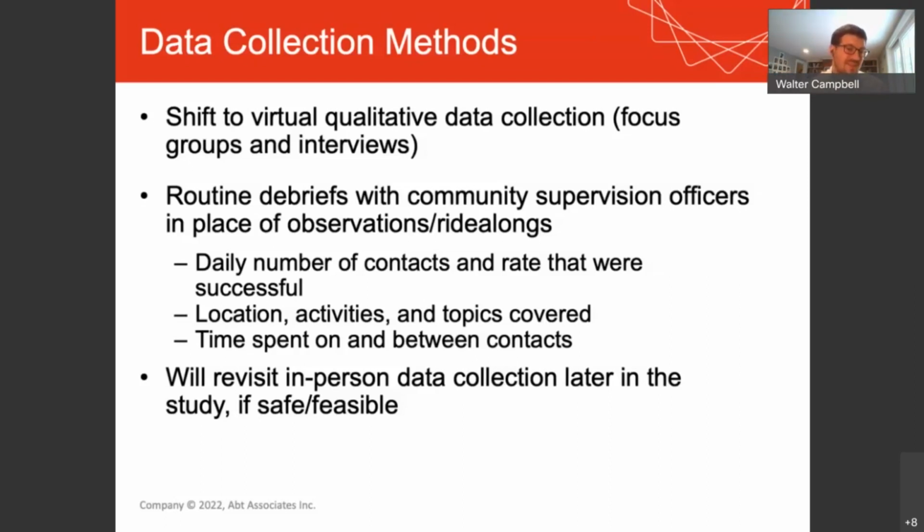And so to do that, instead of being there in person on the ride-along, we opted to have daily check-ins with an officer over the course of a week, where essentially, at the end of each day or throughout the day, depending on whatever the officer's comfortable with, they'll recount what they're doing. They'll talk to one of our staff members, and there's a series of questions we'll go through, and they'll go into detail about everything they did.